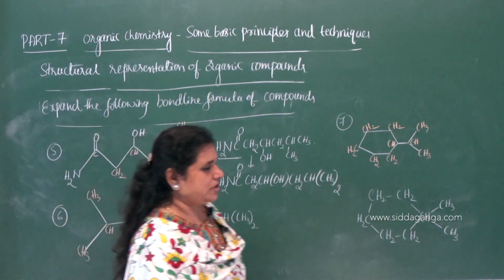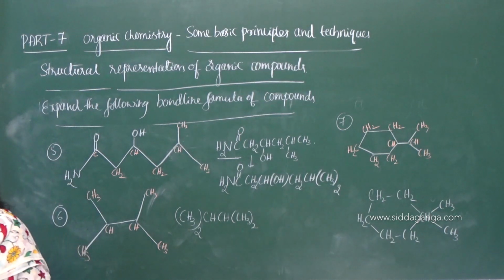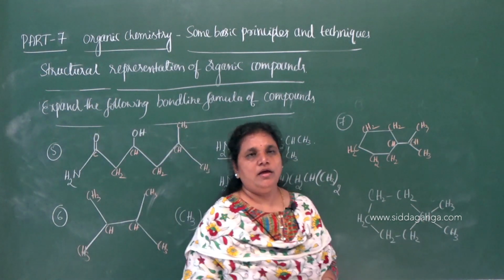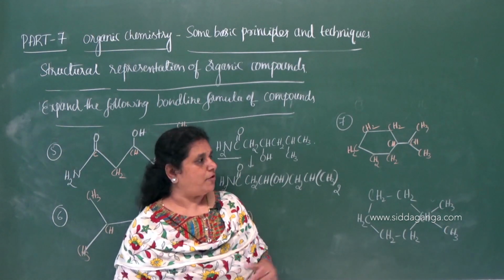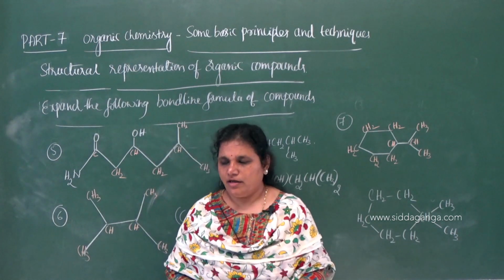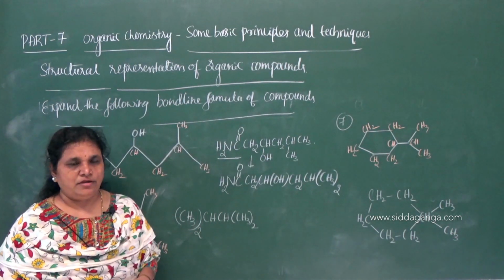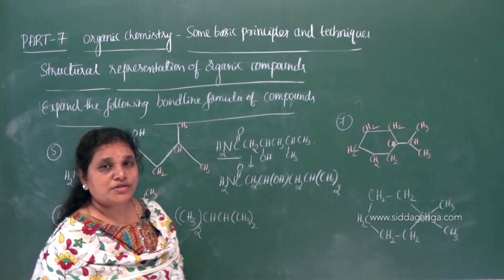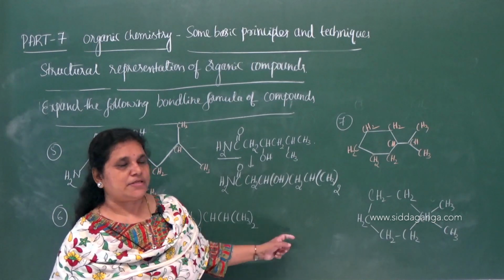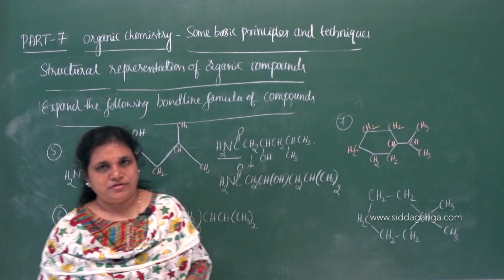So this is about the 2-dimensional representation of the molecules: complete formula, condensed formula and bond line formula. In bond line formula, carbon and hydrogen atoms are not shown. Carbon to carbon bonds are represented by lines in a zigzag fashion.